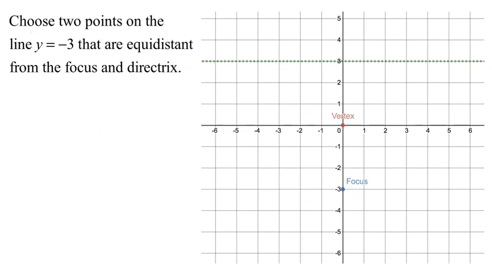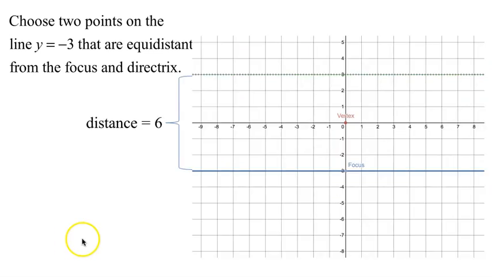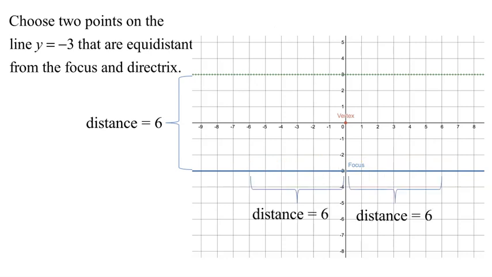So indeed, choose 2 points on this line, y equals negative 3, equidistant from the focus and the directrix, the dotted green line. So I've drawn in that line y equals negative 3, and the distance from the directrix is 6. So I also need the distance from the focus to be 6. 6 over will be those 2 points. So that distance is 6.